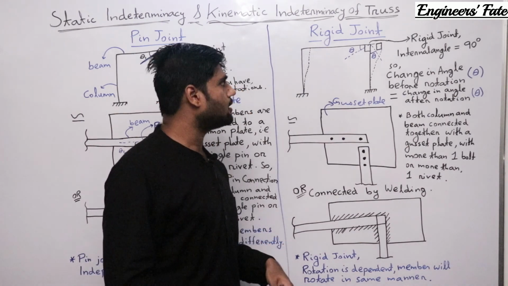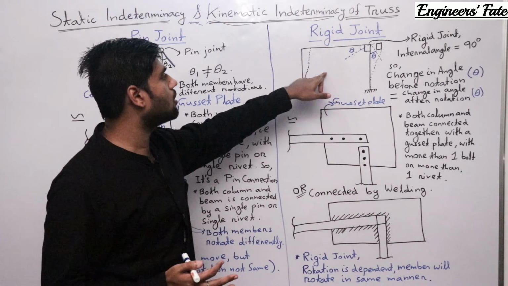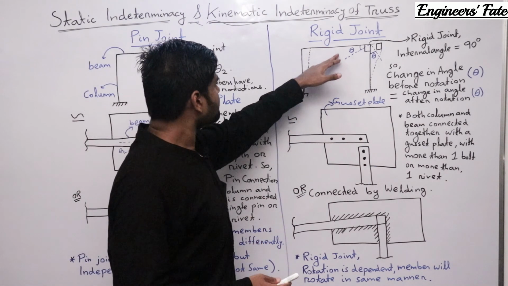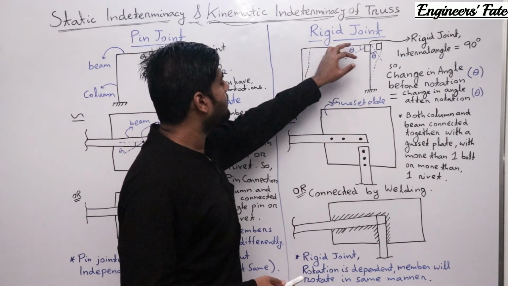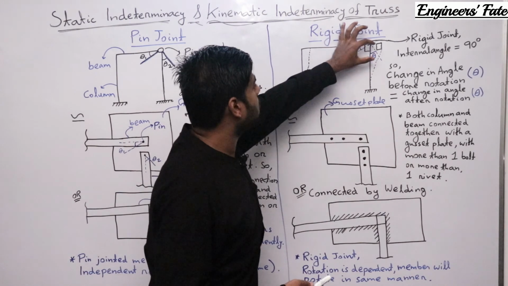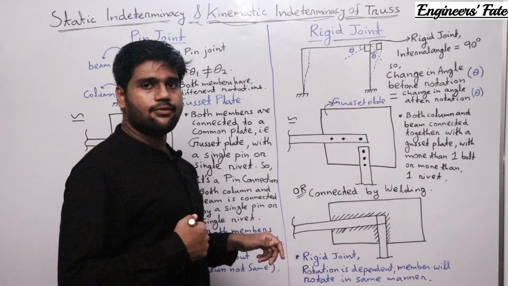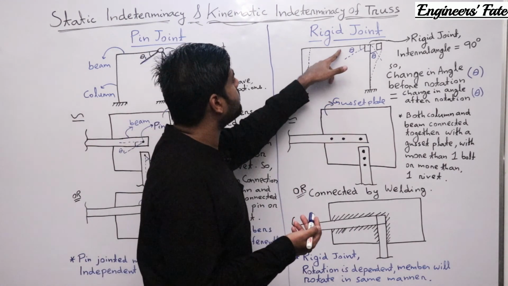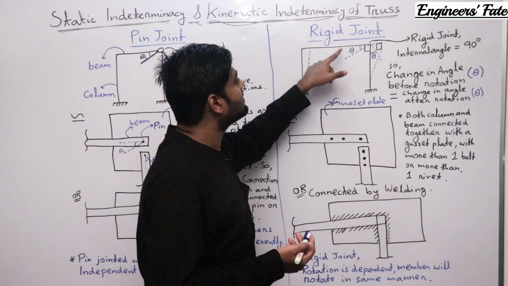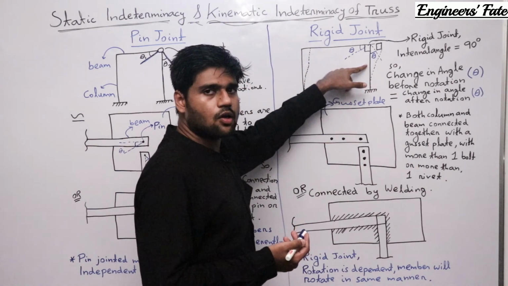Let's discuss further what happens if the structure undergoes deformation or some external force. You can see the structure will deflect, but the angle between the beam and column should remain the same, that is 90 degrees. If the same amount of deflection occurs in the beam, the same amount of deflection will occur at the column.